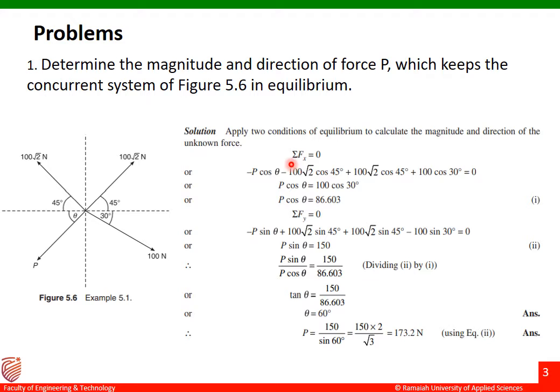So let us go with the first equilibrium equation, that is summation Fx equal to 0. Fine. So we have 4 forces, and all 4 forces are inclined forces. So we have to resolve all these inclined forces into x component and y component.